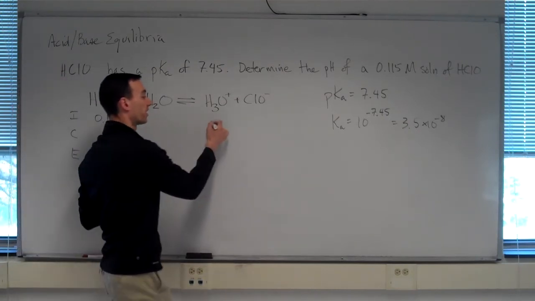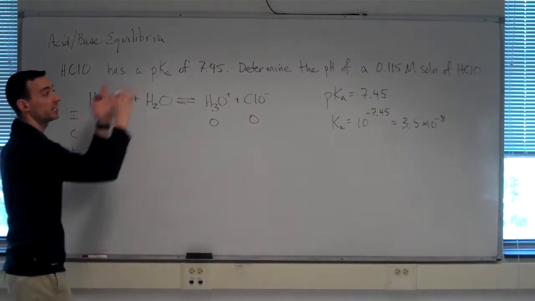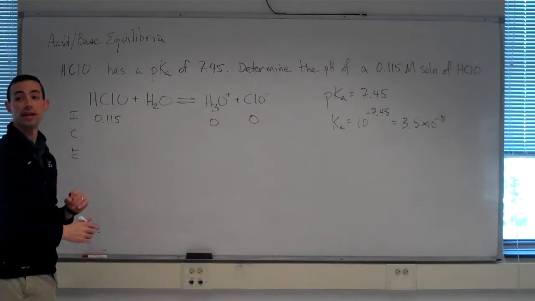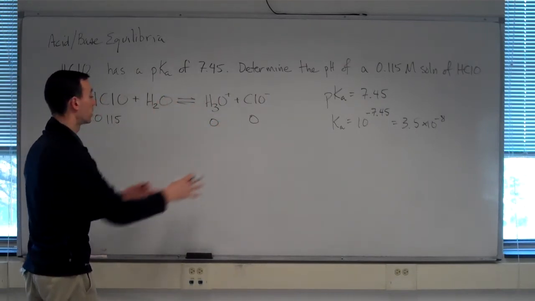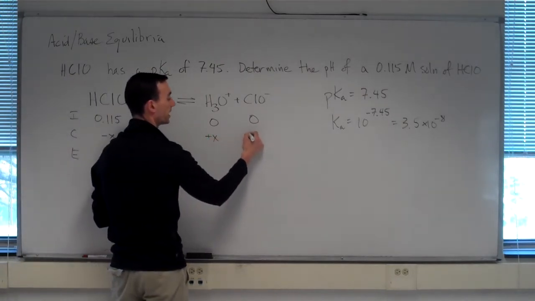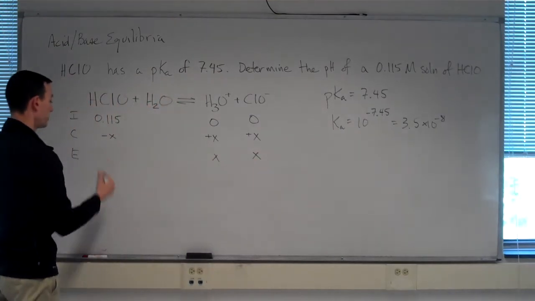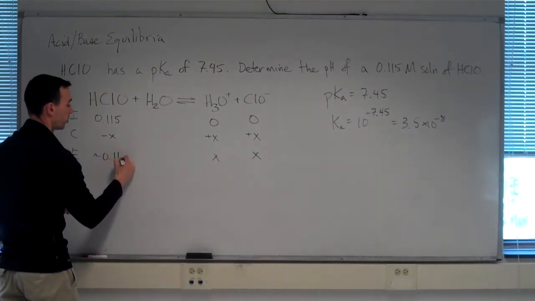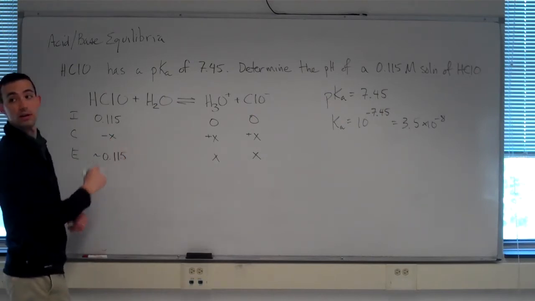Okay? So it's fair to assume, sort of the same way we had in the last chapter, that unless it's mentioned, those start out as 0. So this reaction has to proceed to the right side. So we would decrease the reactant and increase the products. So these will each be X at equilibrium, and this is 0.115 molar because our K is so small, as I just said.